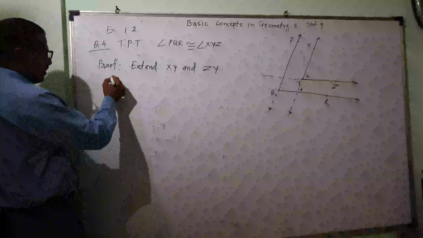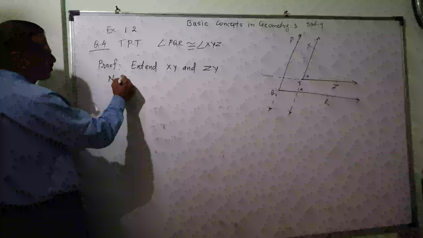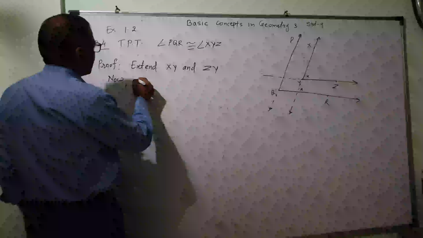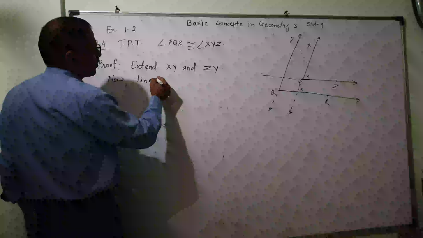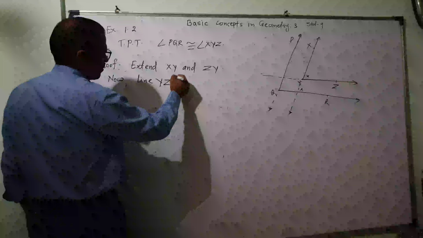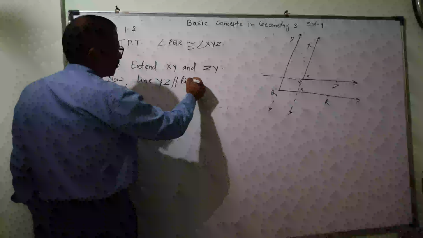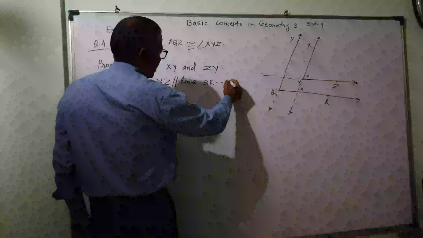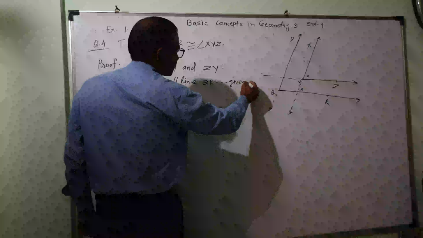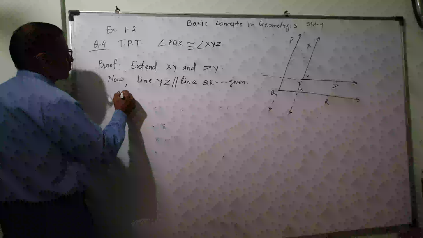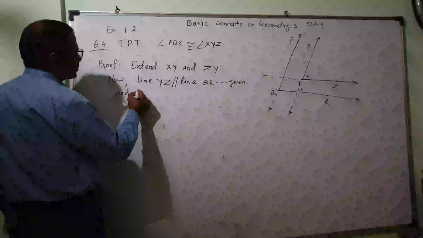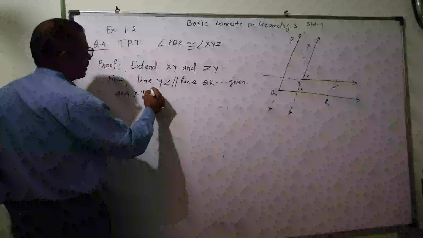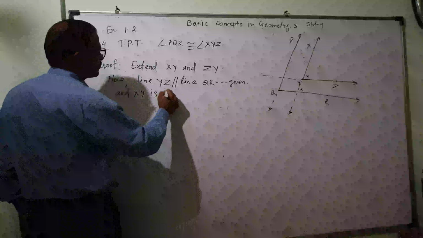Now, line YZ is parallel to line QR. Why? It is given. And XY is the transversal.